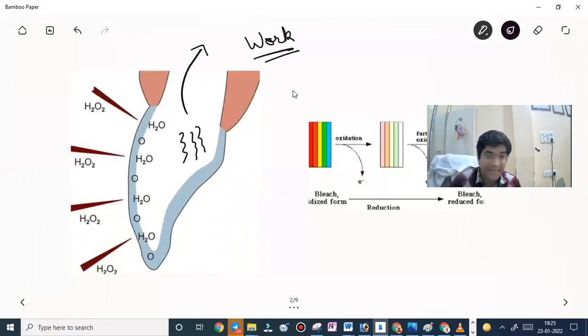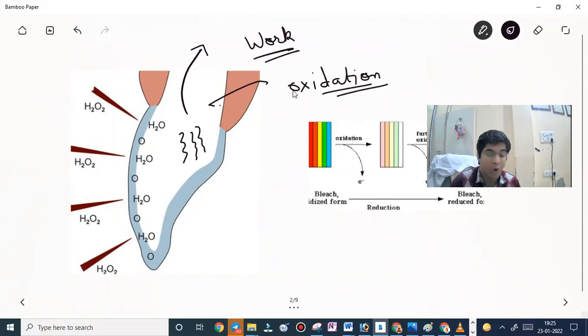Remember, the bleaching is based upon the oxidation of the bleaching agent. So what happens is the redox reaction that takes place in the bleaching process.